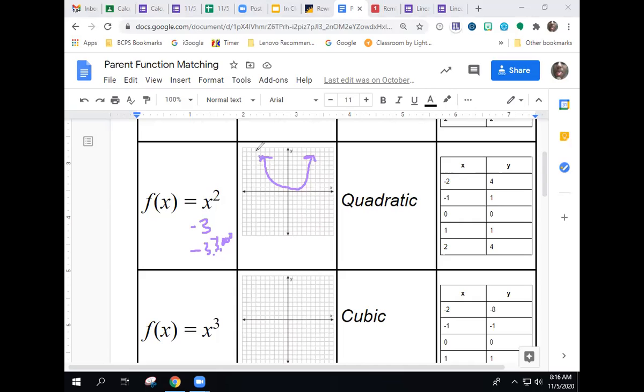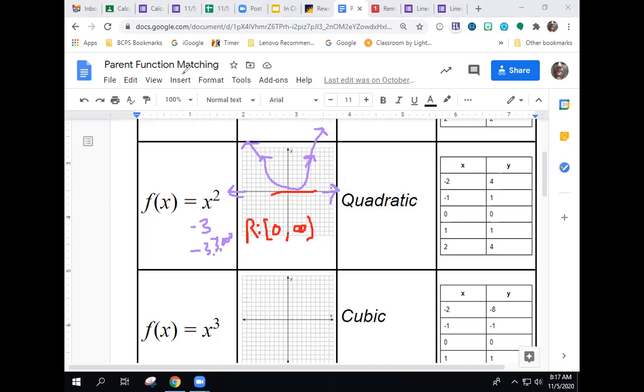You can plug any number for x. So it goes from -infinity all the way to +infinity. But the range is different, okay? The range is going to stop right here at 0. So the range is going to go from 0 to infinity, not -infinity to infinity like a linear function.